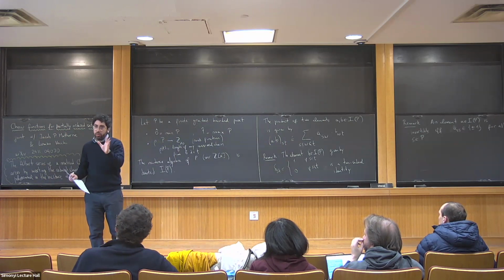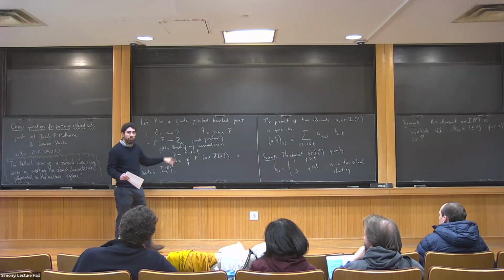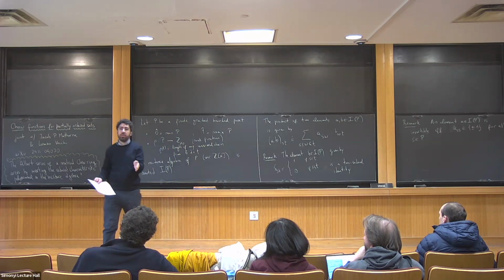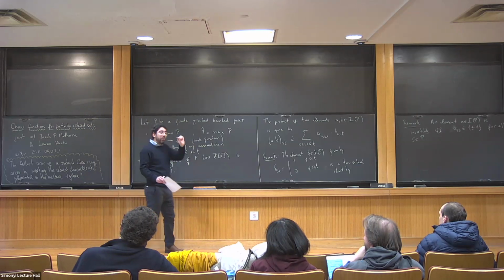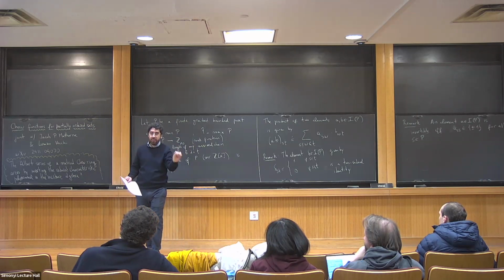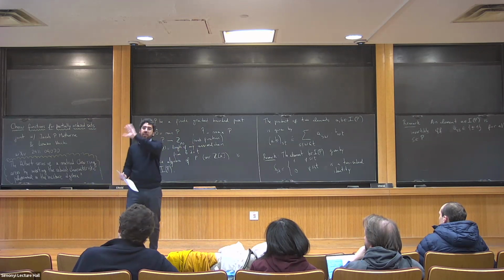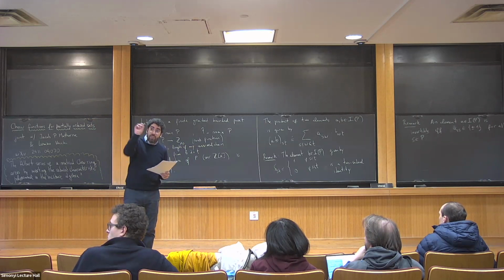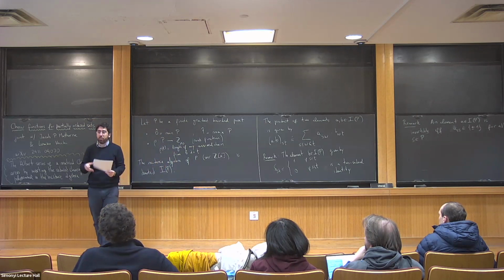Now, if you want to think of these elements as matrices, you can take square matrices whose rows are indexed by elements of the poset, whose columns are indexed by elements of the poset, and you will have 0 whenever S is not smaller than or equal to T. So A_ST is set to be 0 whenever S is not smaller than or equal to T. And you have an actual polynomial whenever that comparability relation holds in the poset.